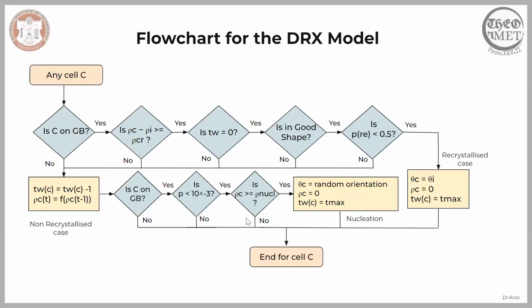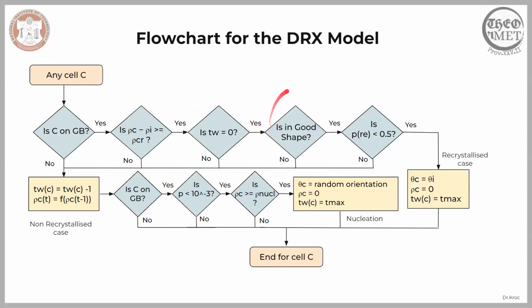First of all, checking whether the cell is found in the grain boundary region, then whether the difference in dislocation density of the cell and its neighbor exceeds a critical value, and then checking whether the waiting time associated with the cell is actually 0, and whether it is in good shape, which essentially means that the new configuration of the boundary should not have narrow hollows, so that it does not contradict what we observe in real life.